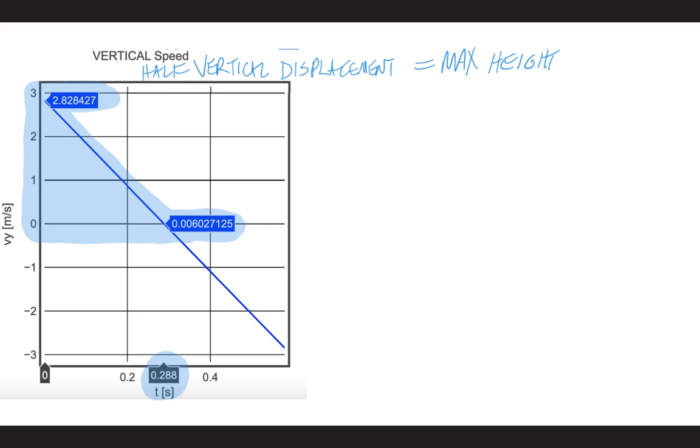Now, vertical displacement, if it starts at ground level and ends at ground level, then it has 0 displacement. In the Python thing, it actually had a very small displacement because it started at 0.06 and it landed at 0.05, so it had a negative 1 centimeter vertical displacement, even though its path was much longer and even though the max height was much longer.